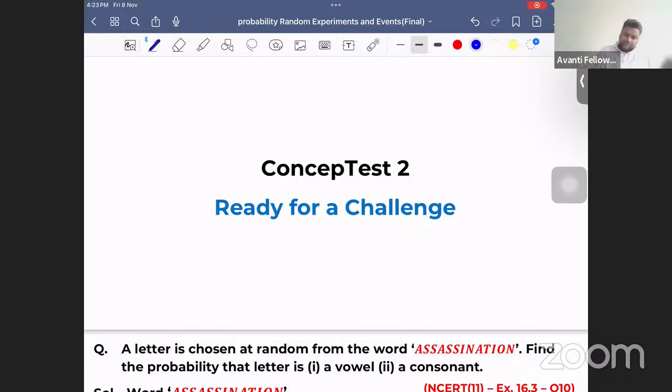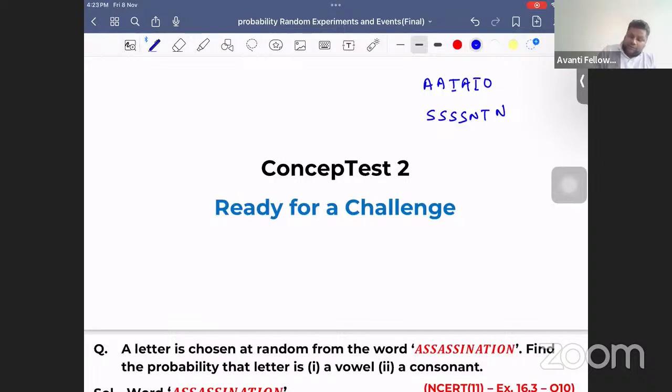So, a letter is chosen at random from the word assassination. If I list out the vowels: A, I, A, I, O. These are the vowels and the consonants are S, N, T, N. So the first question is it is a vowel.